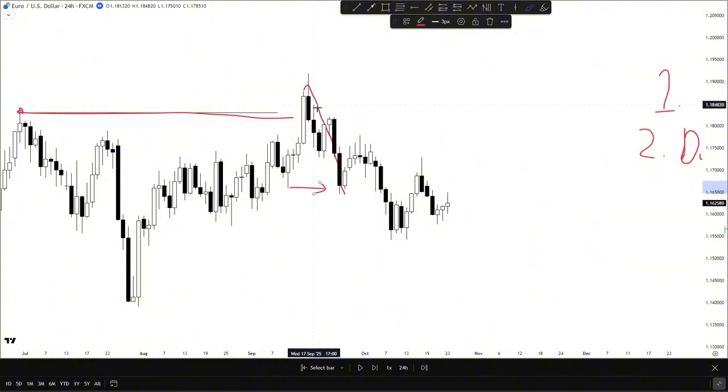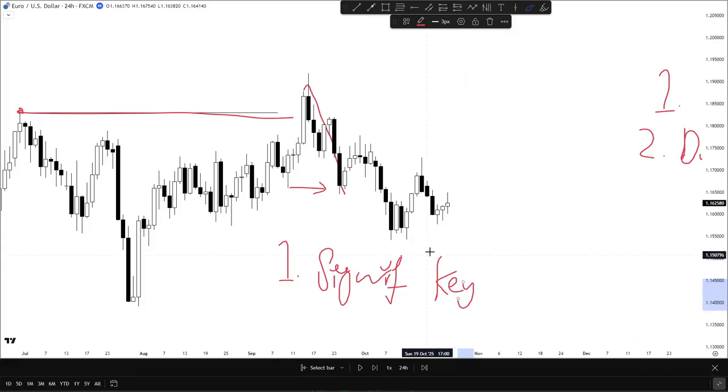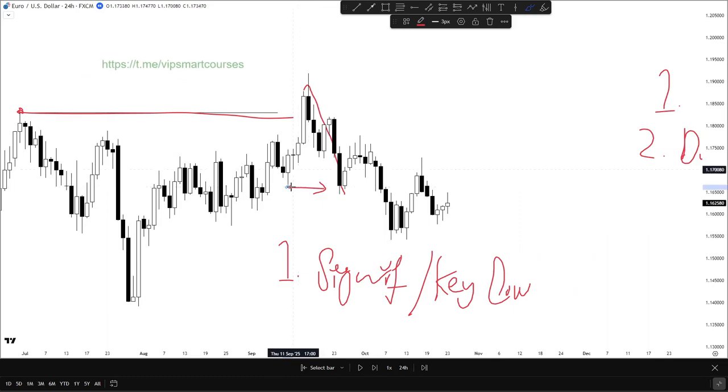The reason this structural shift is valid is, first of all, that we broke below a significant or key low. This low is a key low because it led to this high being broken, and once we broke above this high and took out the liquidity above it, price broke below this low. So this structural shift would be regarded as a valid one.